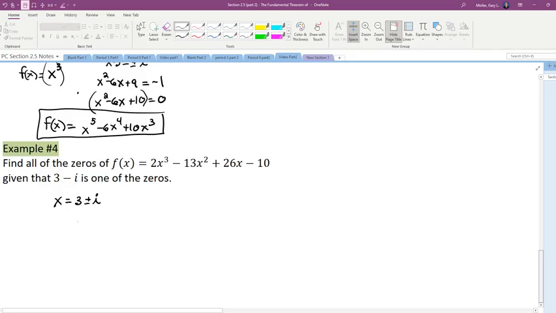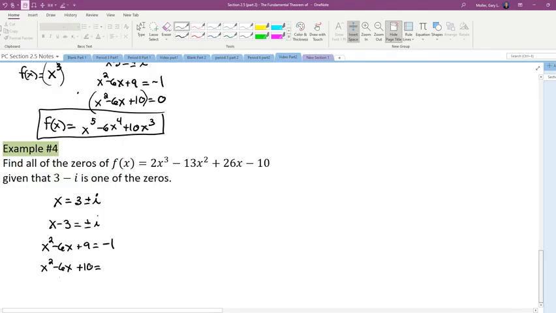So once again, I think this is one we just did, but to practice, here it's set again, move the 3 over, square both sides, and I get x squared minus 6x plus 10 equals 0.